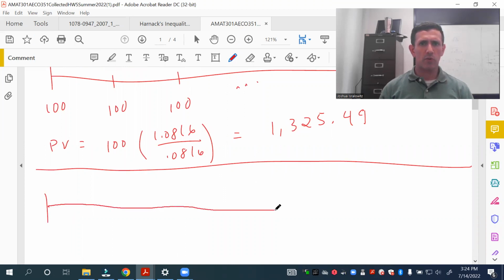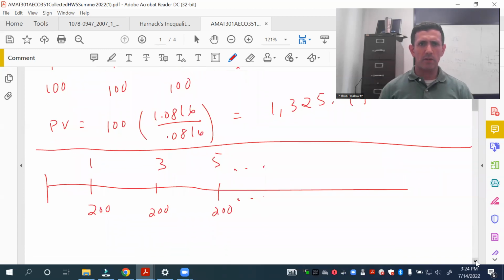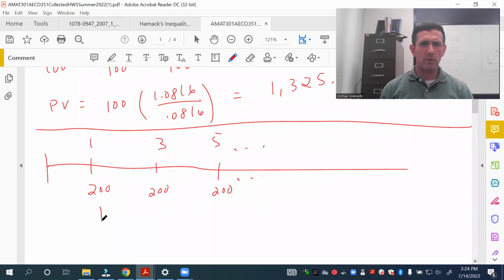All right, so the next one, remember, is a little tricky. So 1, 3, et cetera. You do 5, doesn't matter really. That's 200, 100, et cetera. So for the present value, we're going to take the present value at t equals 1, at the end of the first year.